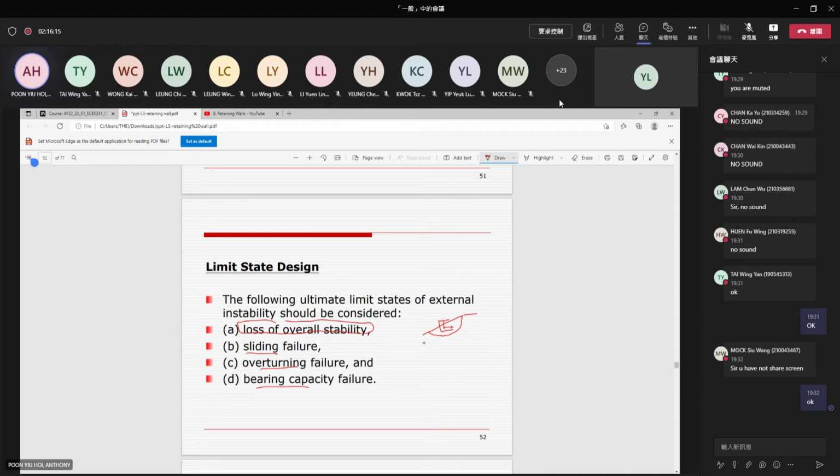So in this case we won't look into this.